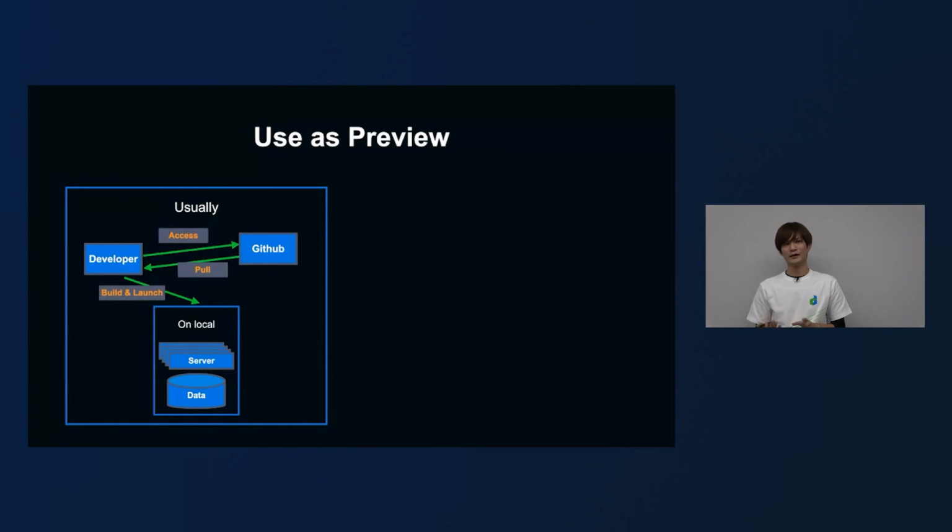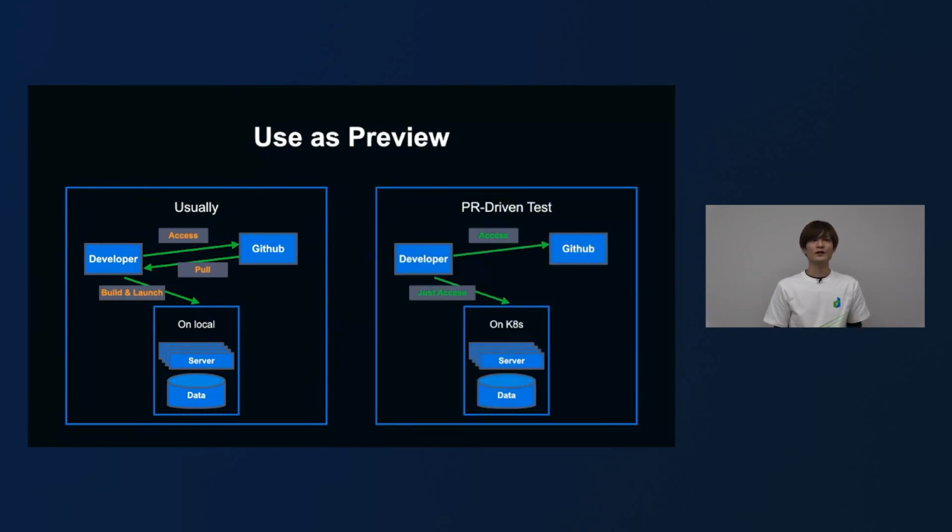In such a case, you usually pull the code pushed by your colleague, build it on your PC and run it at hand. The pull request-driven E2E test automatically deploys to the environment when a pull request is made. In other words, when you want to review your colleague's code, you don't have to bother to pull the code and build it.